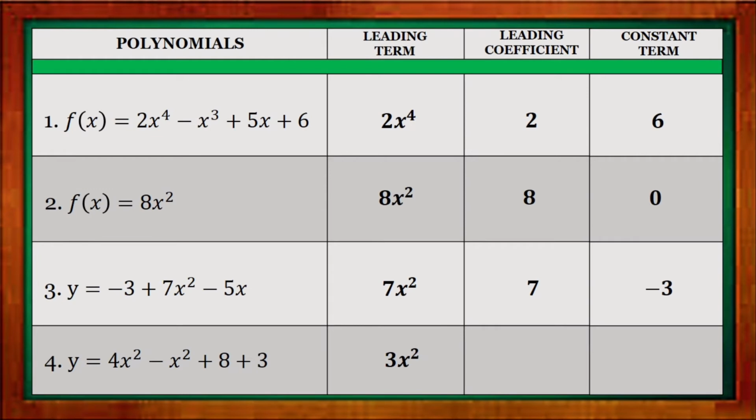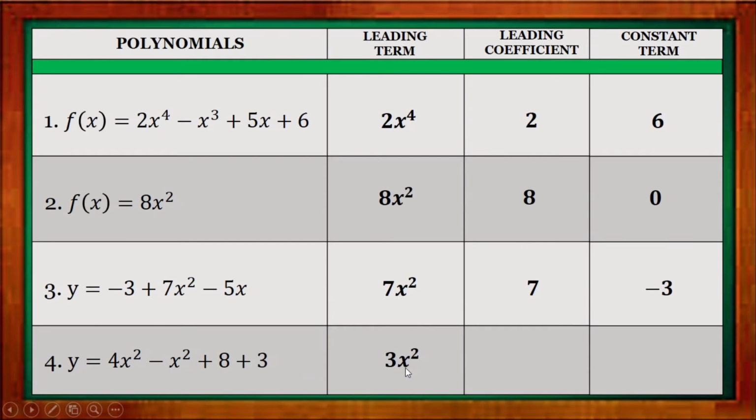So what are we going to do kapag nakakita tayo ng similar terms is to simplify them first. And 4x squared minus x squared, may invisible coefficient lagi na 1 dito, and 4 minus 1 is 3. And just copy the literal coefficient x squared.